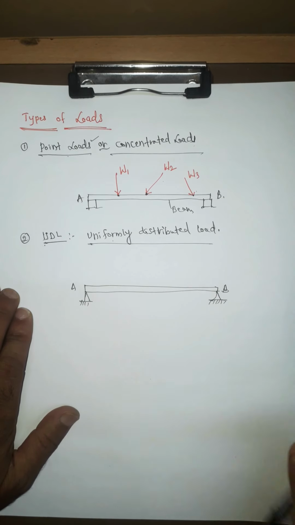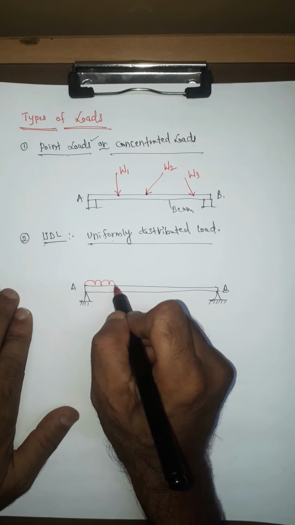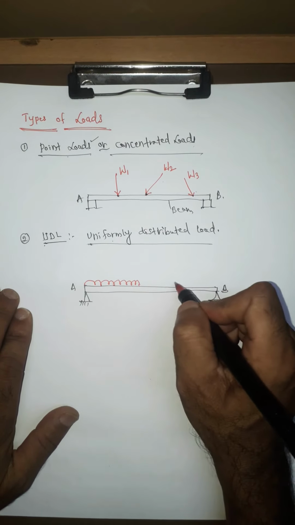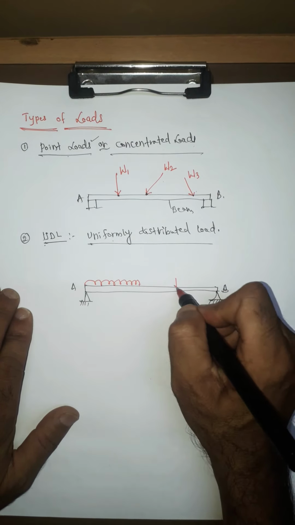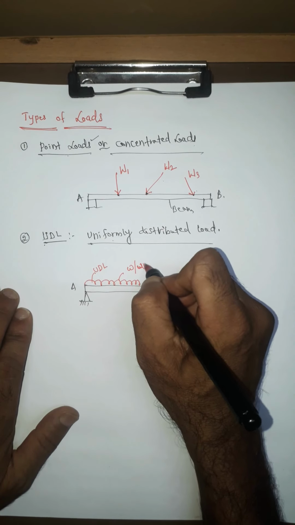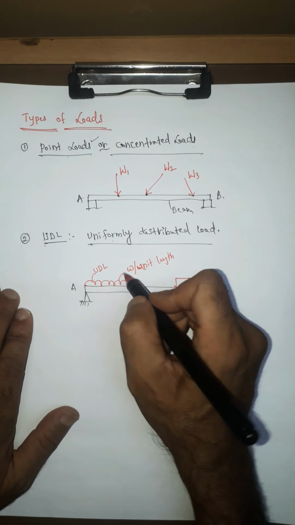How to indicate the UDL? You can show it like this, or you can show it like this. This is the indication of UDL, and normally it is indicated as w per unit length, small w.